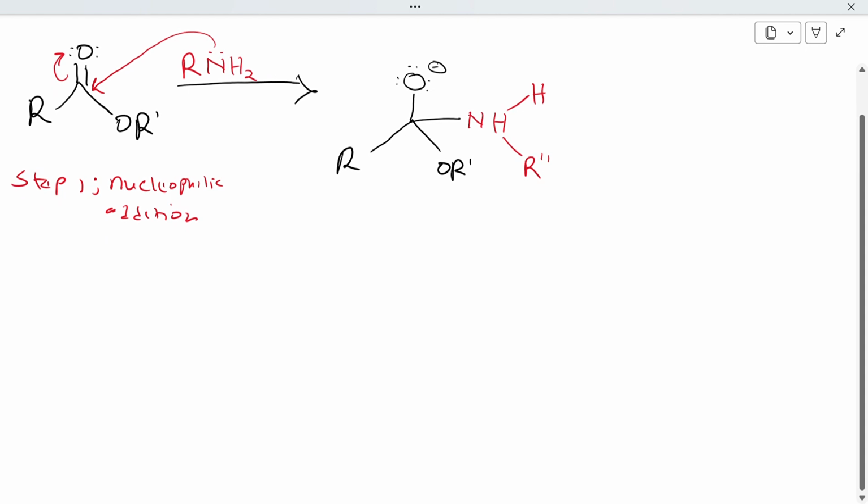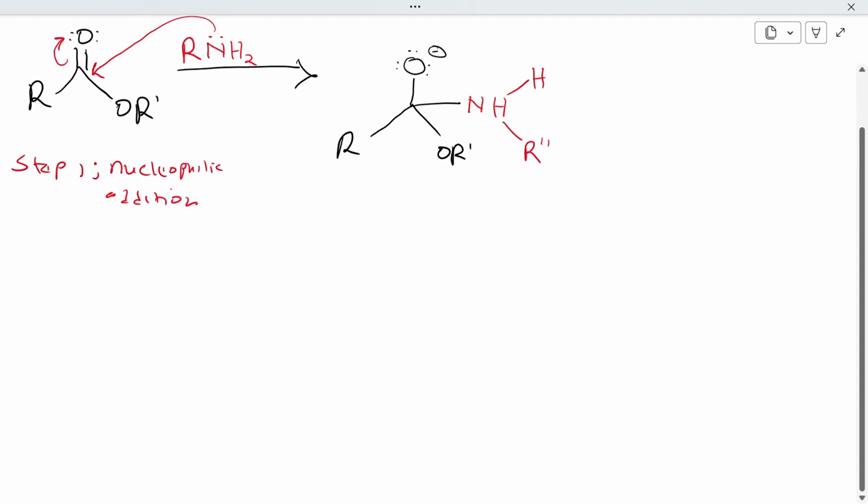What is going to happen in our step 2? In step 2 now, we have to deprotonate the intermediate that we formed. Remember, it has a partial positive charge here. So in the next stage, our substance is going to be deprotonated.